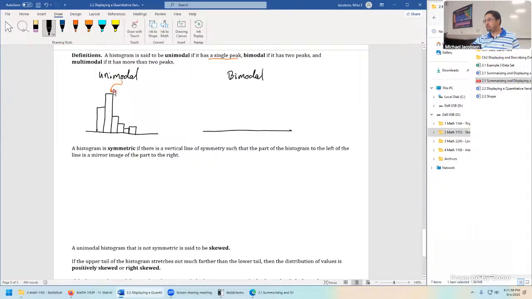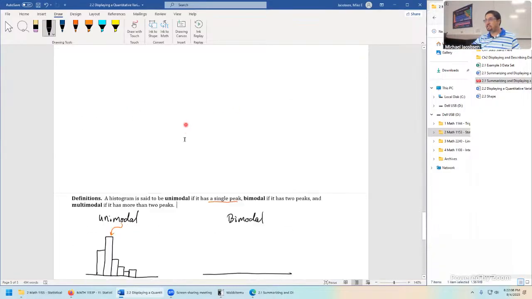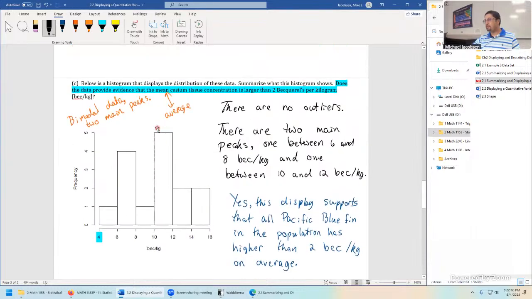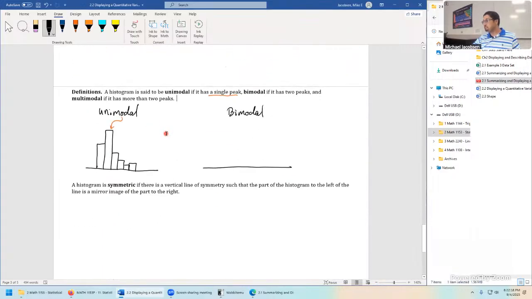I want to make it similar to this one, but make this one just a little bit more extreme so now it just really looks like bimodal data. Or take a mental image of what's here and just take a peek at this one. We might consider this one bimodal as well, like we said, because this is a main peak, and this one is a main peak as well. So bimodal could look something about like this.